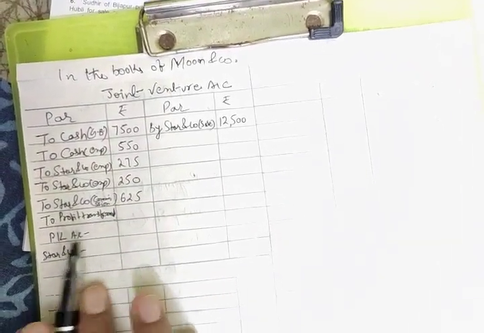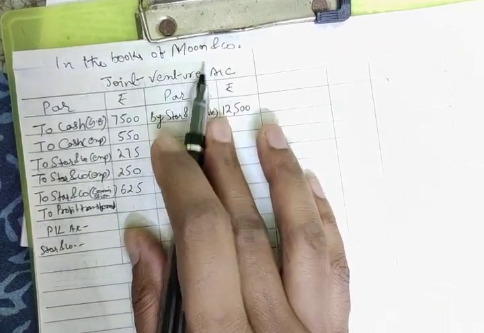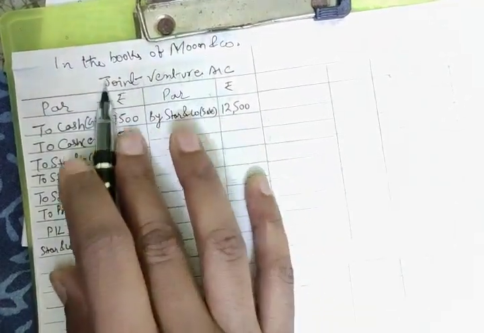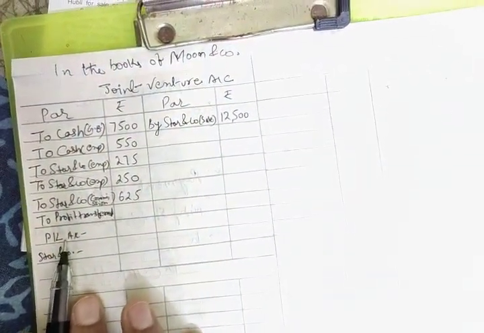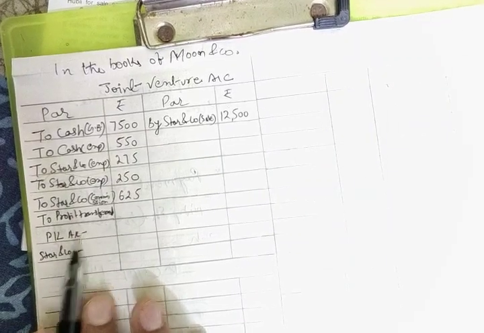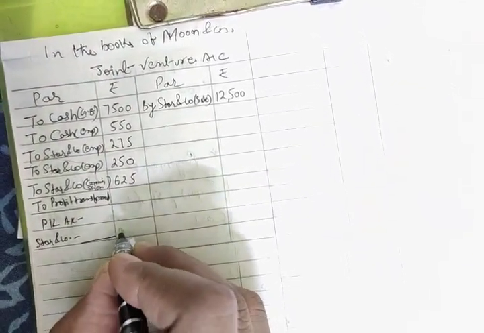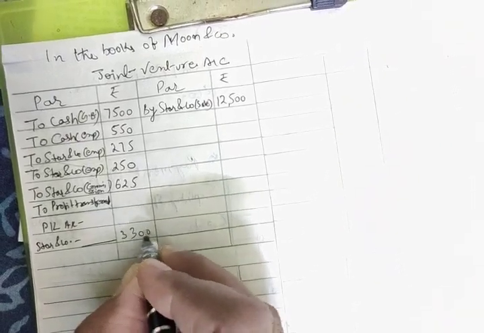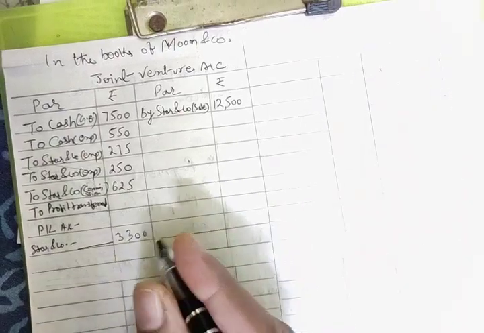Please remember, here you don't have to write the Moon and Company name. You are maintaining in the books of Moon and Company only. So whatever profit or loss he earns on this joint venture will ultimately get transferred to his profit and loss account. So total profit we have 3,300 and the ratio was given 2:1.